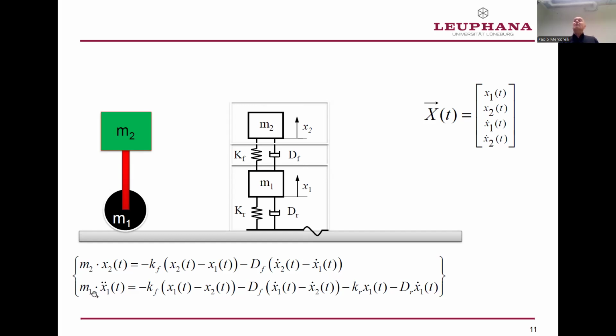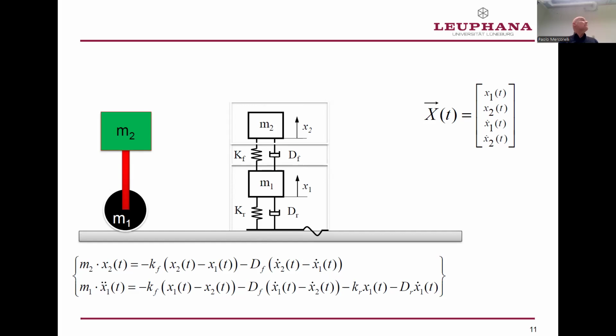Now, the dynamics of X1 is a little bit more complex because M1 is related to the movement, or to the dynamics, of M2, but is also related to the ground. Therefore, we can see here that I have to add these two terms, in which X1 of the ground is 0 because we consider this element as a reference.